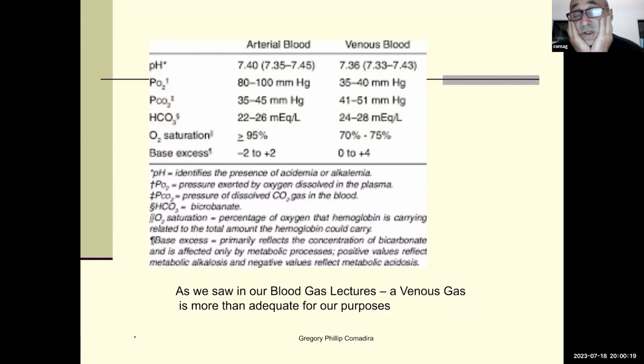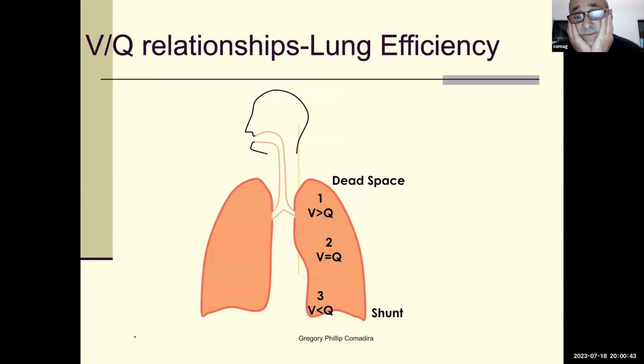The oxygen sats you don't care about, you have an oximeter. pH is relatively the same for what you need, 7.35, 7.45, it's not that much different. O2 you don't need. CO2 is reliably about 5 higher. So we did this last time. For your purposes, a venous gas is going to tell you everything you need for trauma. Next slide.